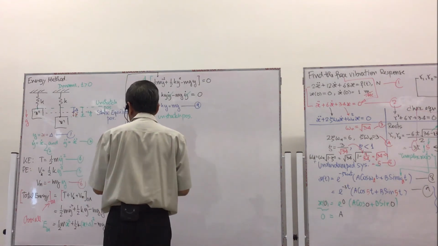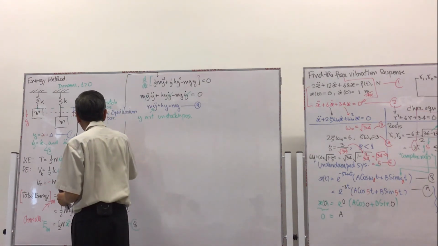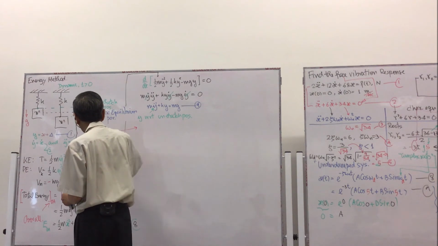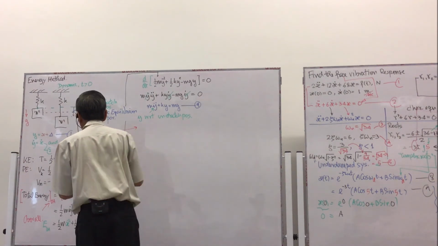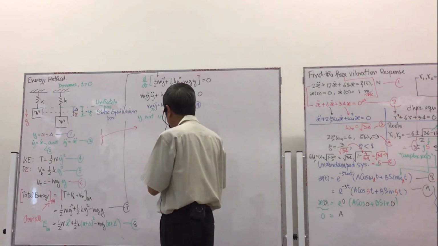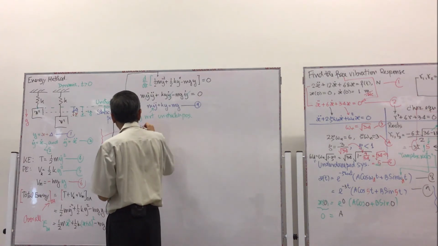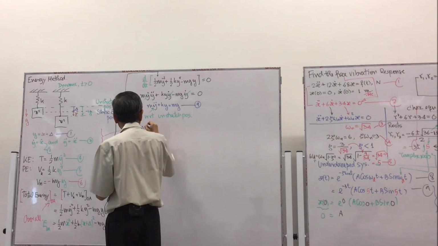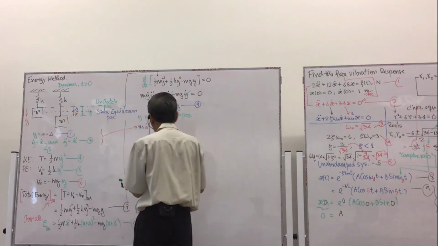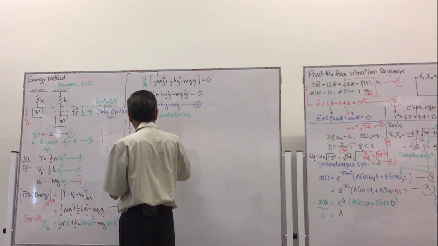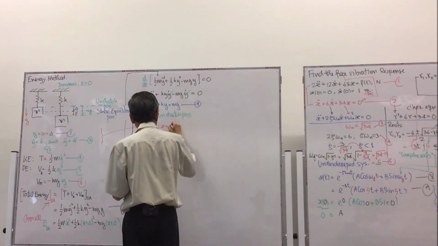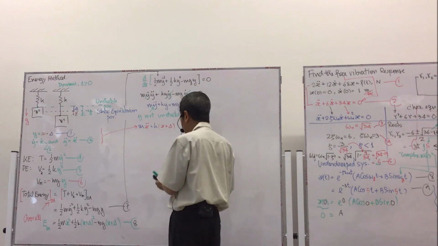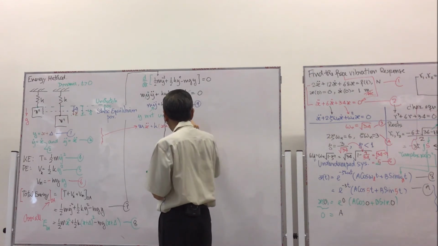So in this case, once we know the relation between y and x, I can put m y double dot as m x double dot, plus k y, where y is x plus delta, equal to m g.